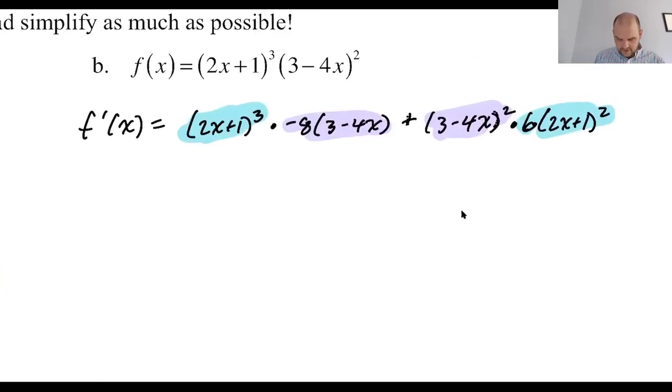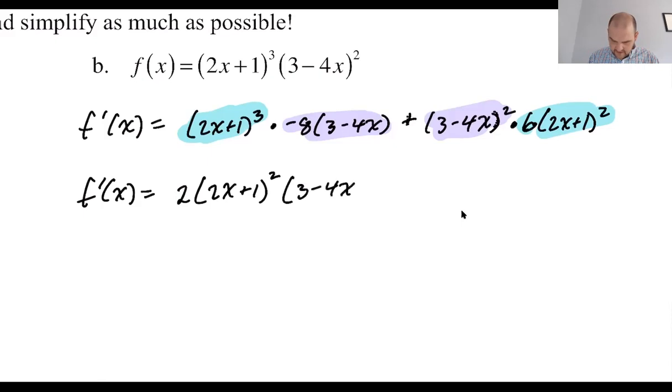Now let's factor. So f prime is, we can take a 2x plus 1 squared out. Well, we can take a 2 out. I often don't do that because it's a little less to keep track of in your head if you don't take out that 2. In the end result, you'll get the same thing. But we're taking this out to get 3 minus 4x to the first.